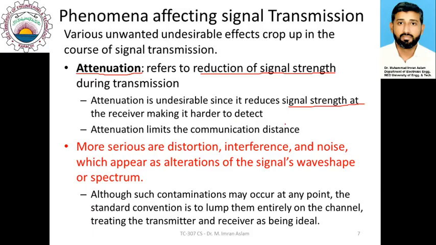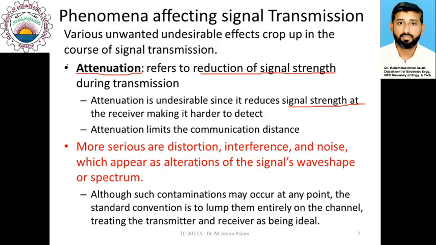Generally, attenuation determines the maximum possible communication length between the transmitter and receiver. If attenuation is very high, the signal would go to a shorter distance. If attenuation is low, you can carry the signal to an even longer distance.